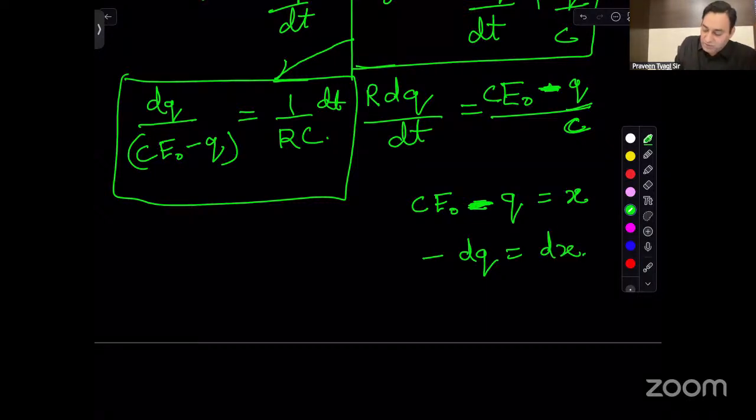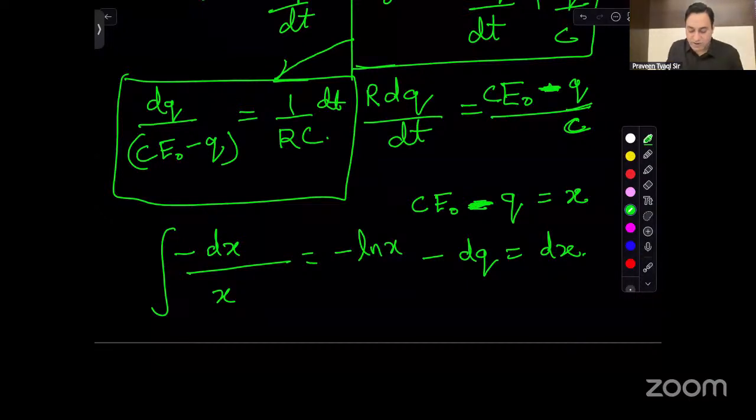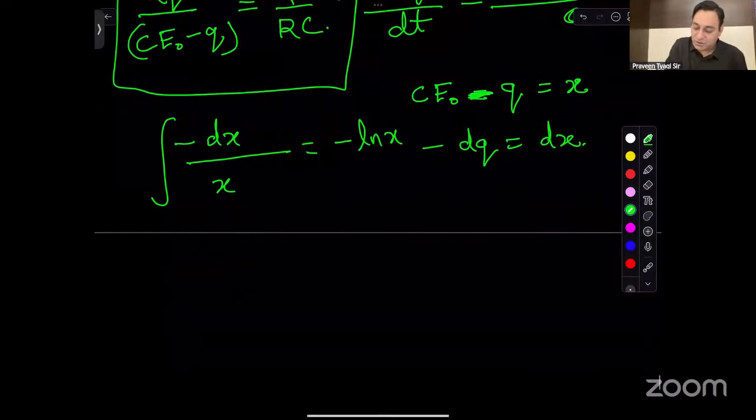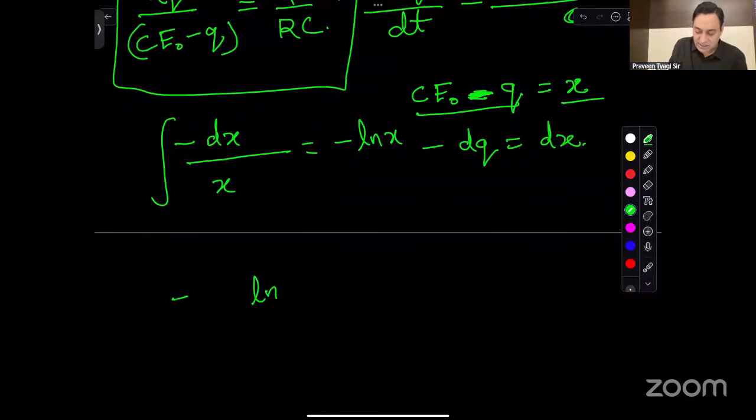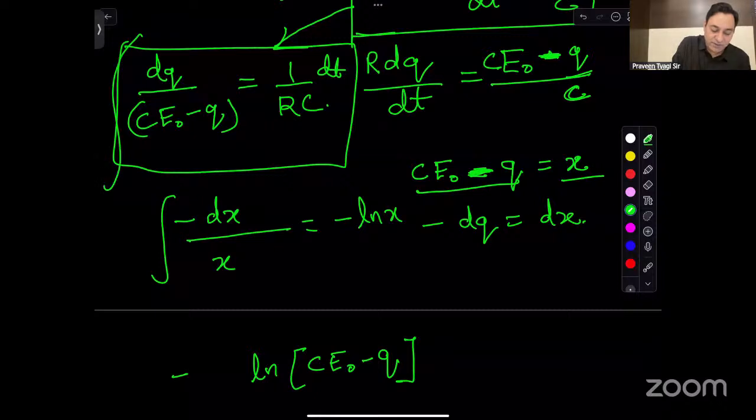So dq can be written as minus dx divided by x. And when you integrate this, this will be minus ln x. And you can go back to your original thing. You substituted this as x. So minus ln (C E naught minus Q). And the limits of Q will be from 0 to Q, and time will be 0 to T.